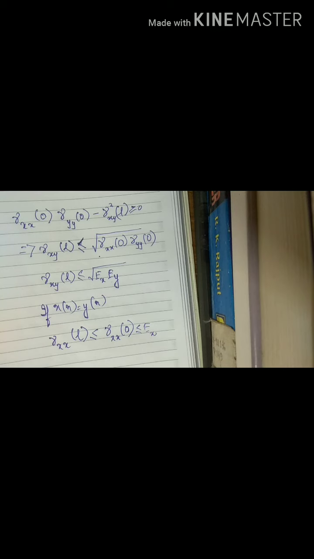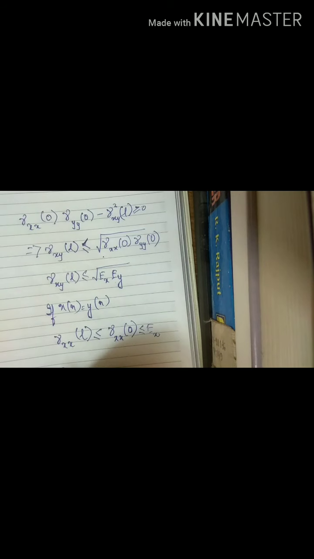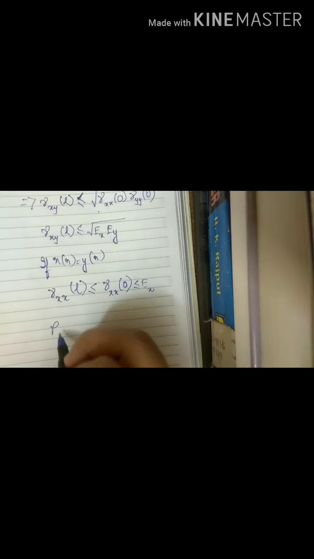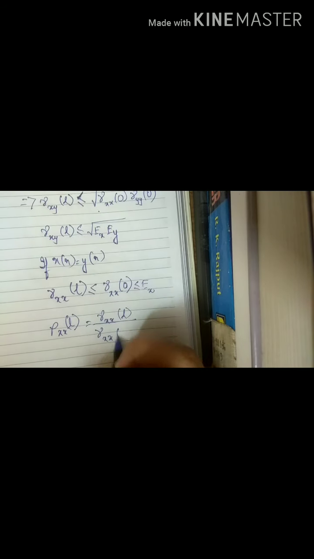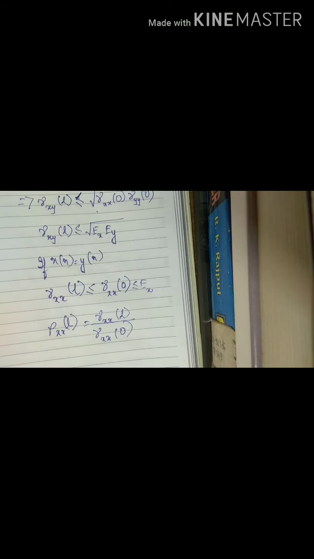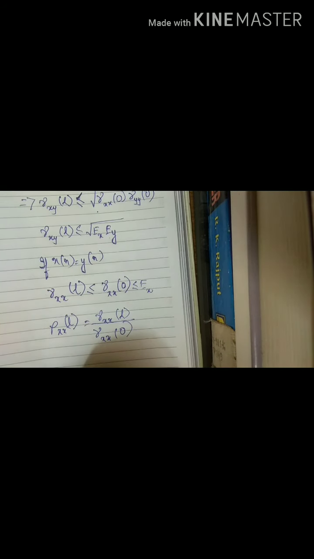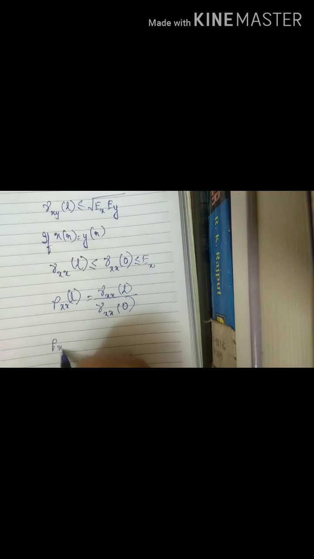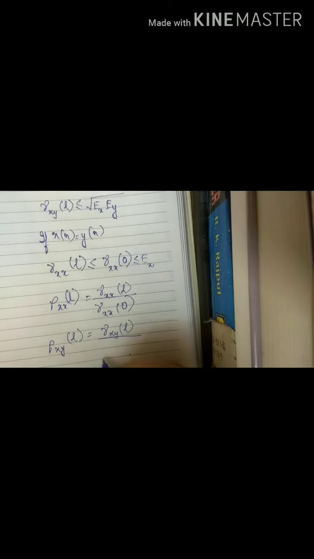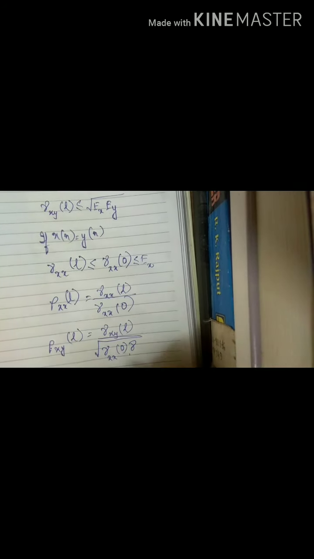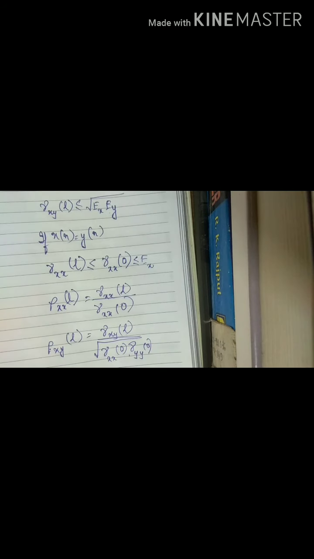The normalized expression for gamma xx l is rho suffix xx l equal to gamma suffix xx l divided by gamma xx 0. Similarly, the normalized cross correlation sequence will be rho suffix xy l equal to gamma xy l divided by under root of gamma xx 0 and gamma yy 0.